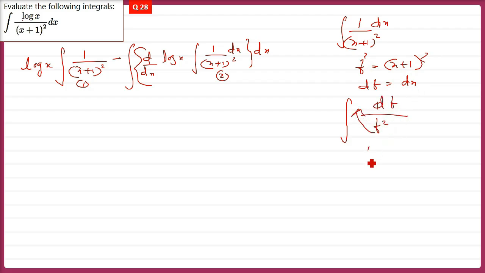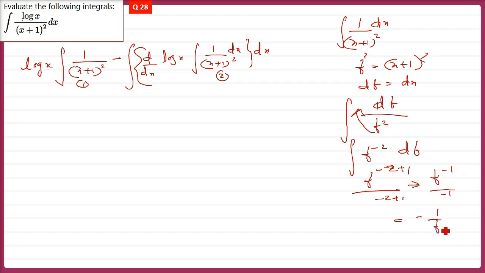So this t to the power negative 2 will go up. Integration will be t to the power negative 2 plus 1 divided by negative 2 plus 1, plus a constant of integration, of course, that we will include later. So minus 1 by t has come. And what was t? Minus 1 by x plus 1. So 1 by x plus 1 whole square integration has given us negative 1 by x plus 1.